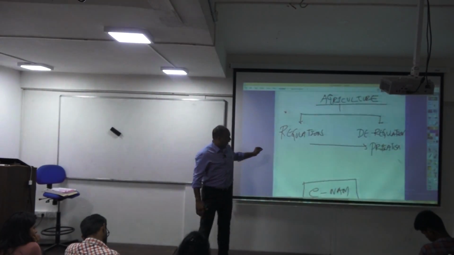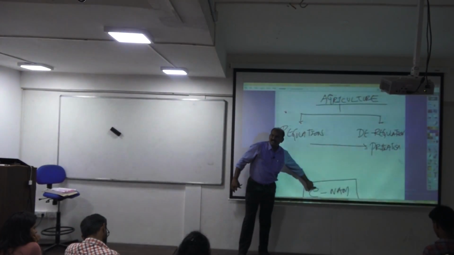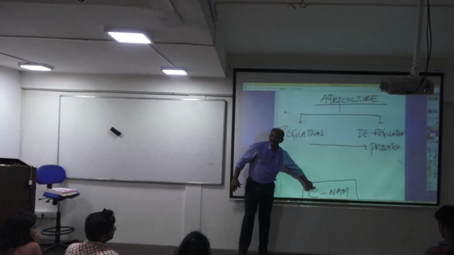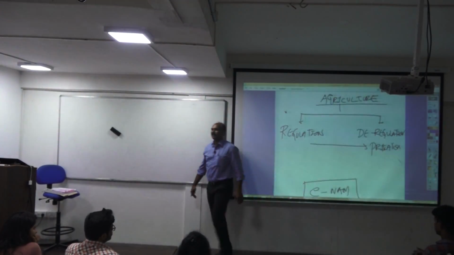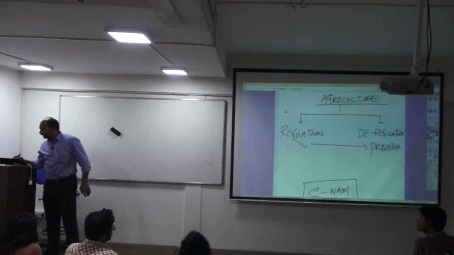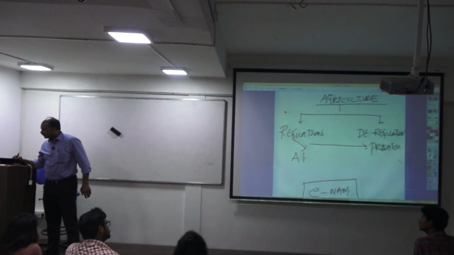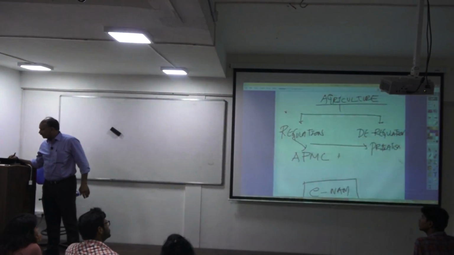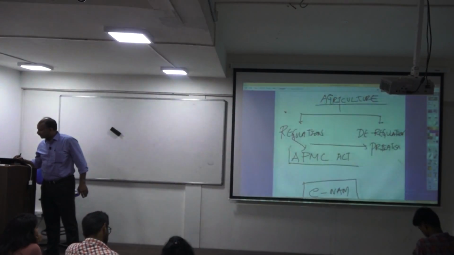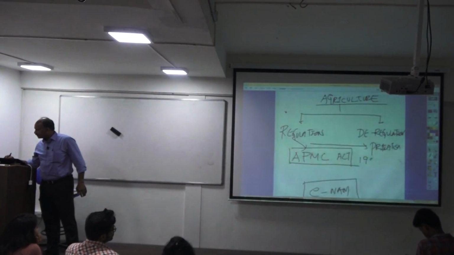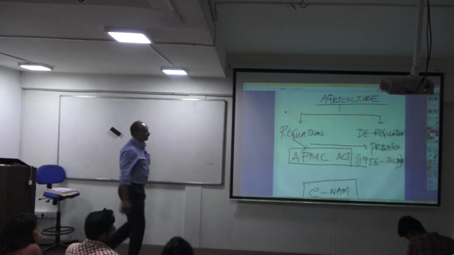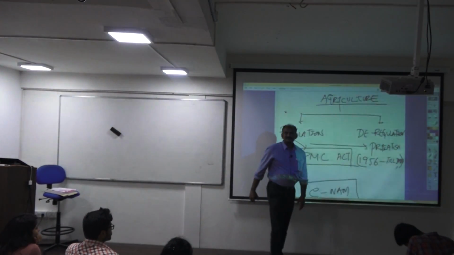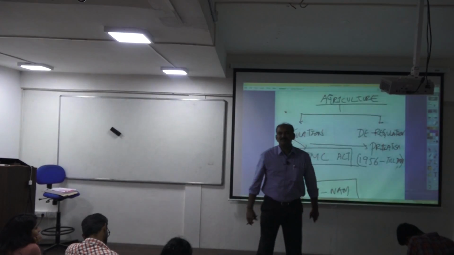Now here, the step for ENAM, please note that what we had earlier in the regulation period is the APMC law, from 1956 till date. What is the expansion of APMC?